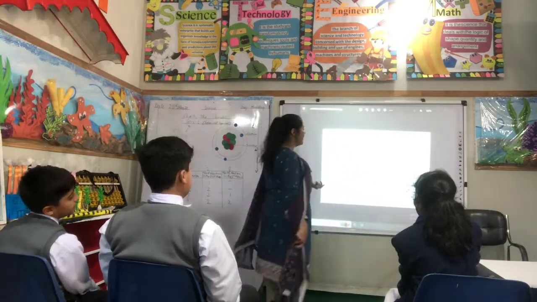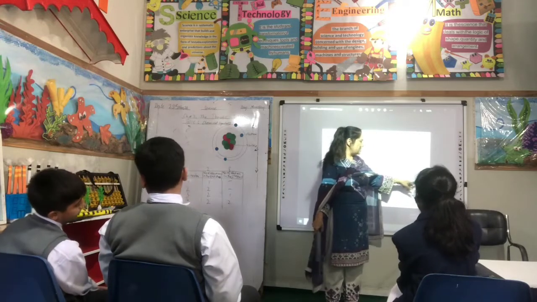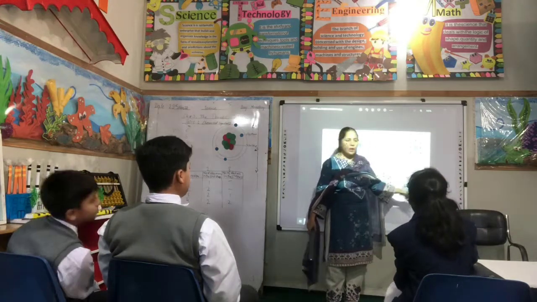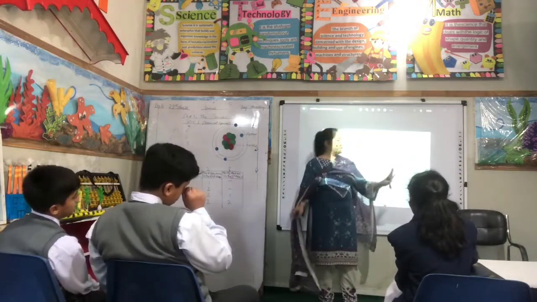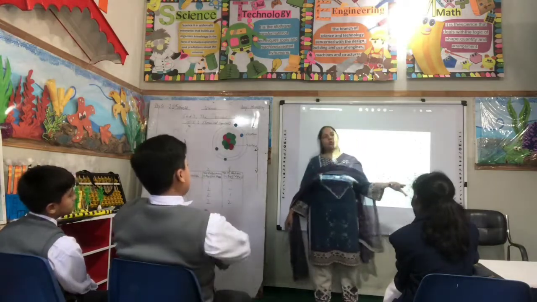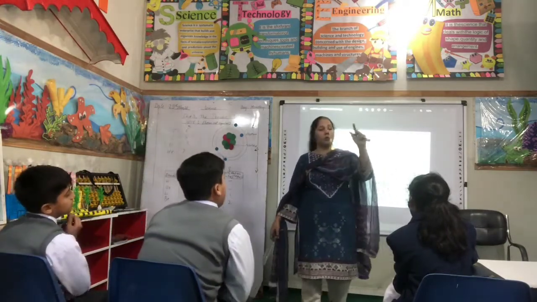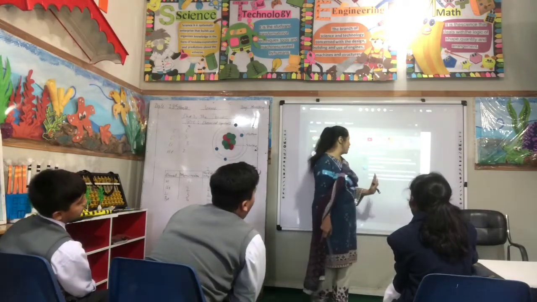So how can we arrange them? In the first shell we can put 2. In the second shell we can put 8. That makes 10. In the third shell, again we have a capacity of 8. Still 9 were left, so our second and third shells are filled. Right?